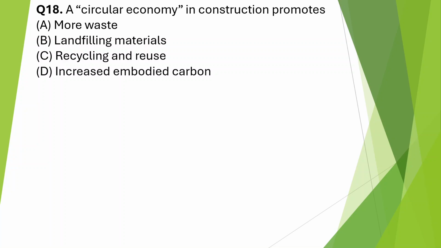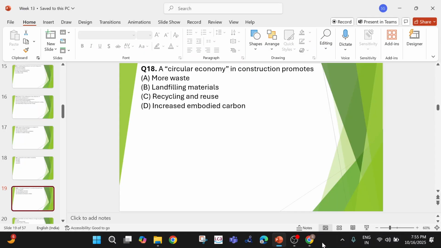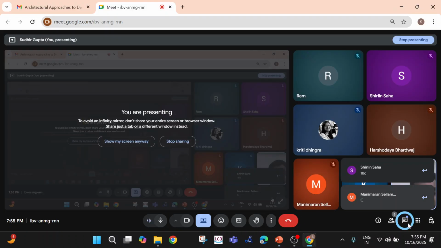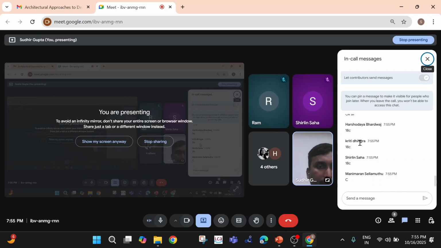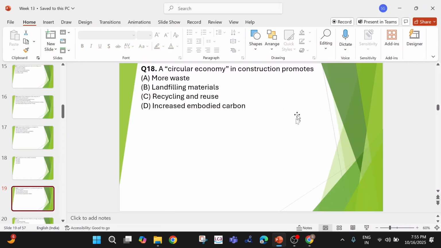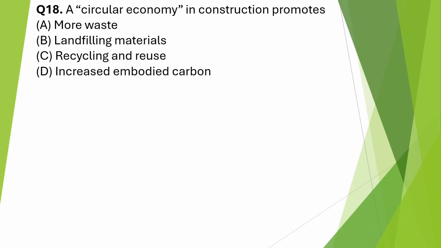Now this time, as I can see, Harsudai has led the answer, and first of all he has mentioned 18C. So he is very confident about the answer. Then all of them have also supported his opinion. Yes, option C is the correct answer, guys.